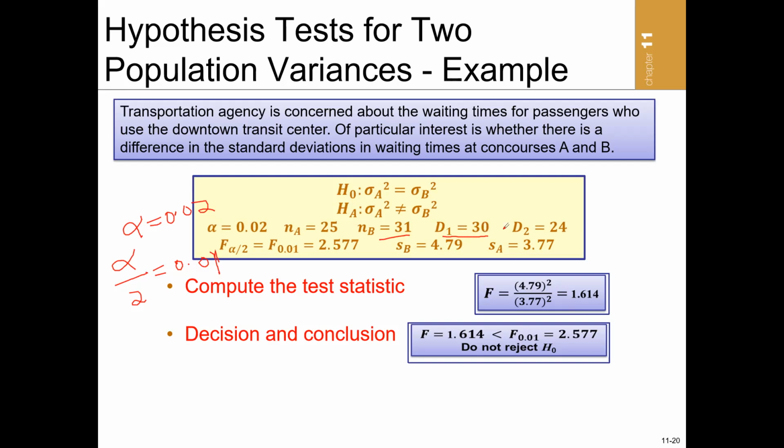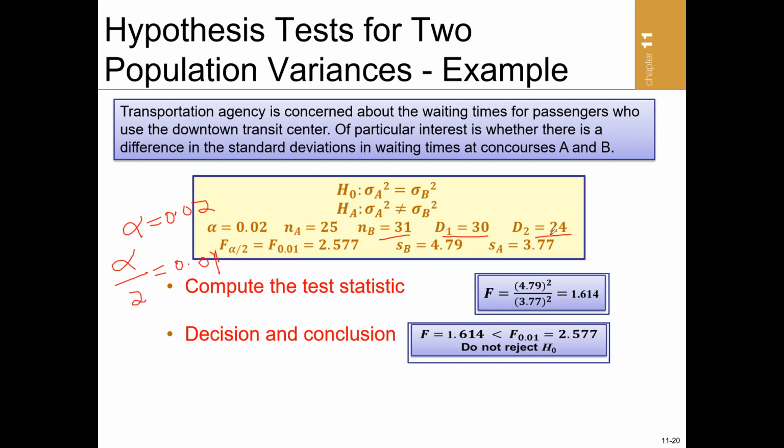Then for the denominator, its degree of freedom is 24, all right?